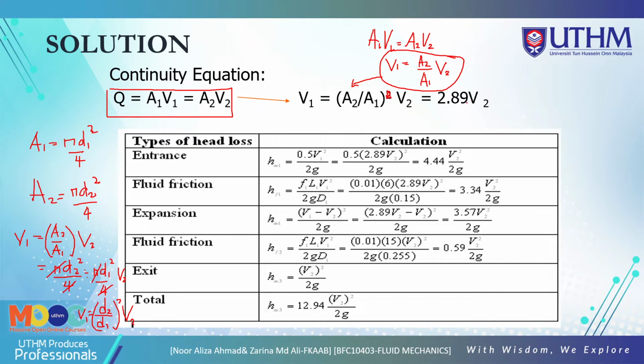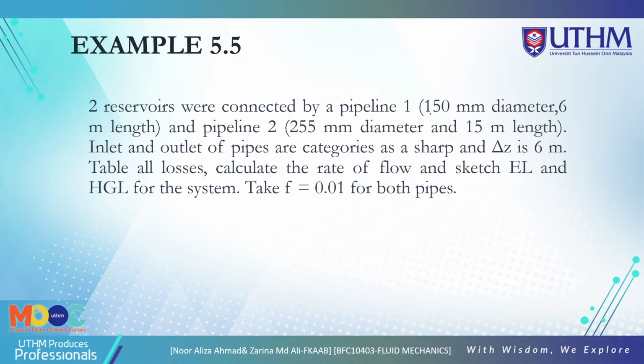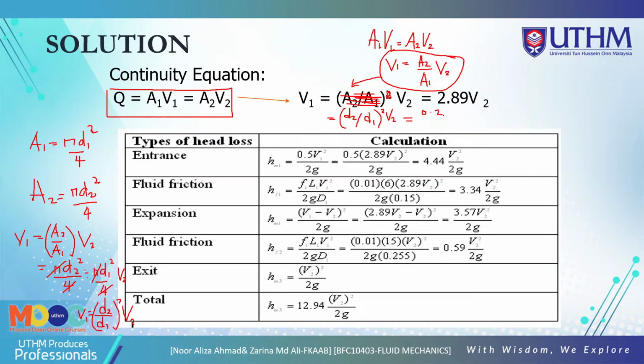Okay, 2.89. Actually, just correct that. So you get that this is D2 over D1 squared, times V2. So you get 0.255 divided by 0.150 squared.